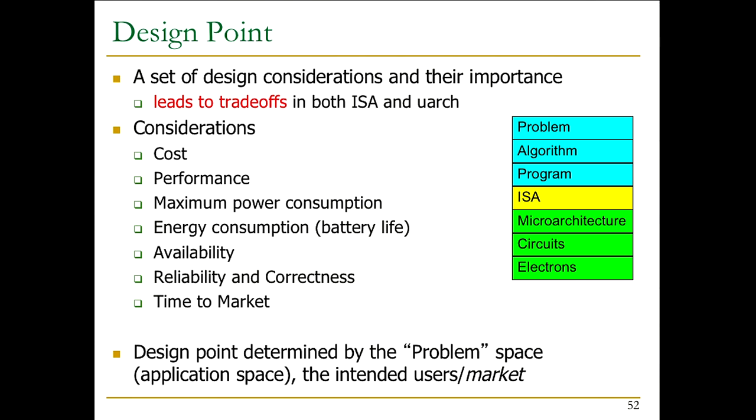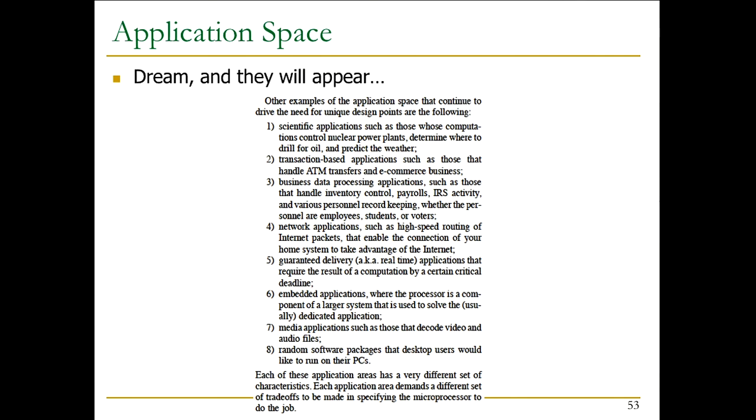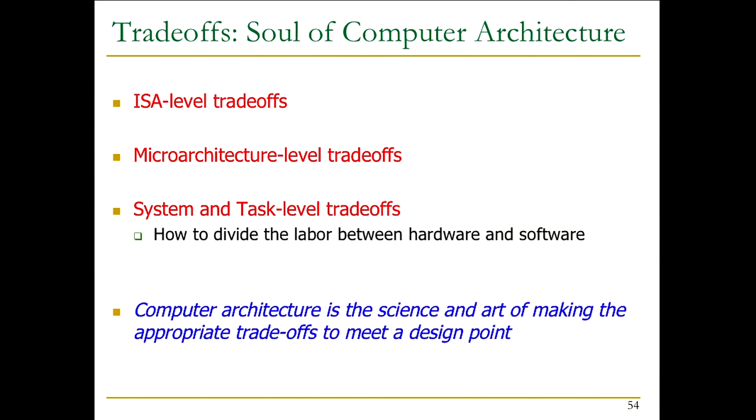Now, if that design point changes, maybe the thing that they designed will be suboptimal, right? So design points also change. Okay, the application space, there are many applications. I'm not going to cover that. This is actually from your reading, which is actually nice. It gives you some applications, but clearly, I have not seen a paper that talks about all kinds of applications yet, because this really depends on the imagination of people.